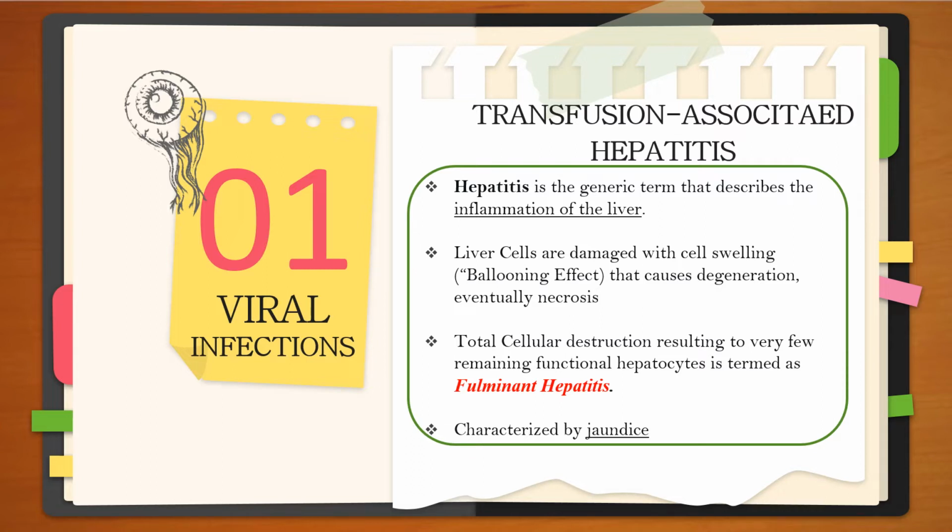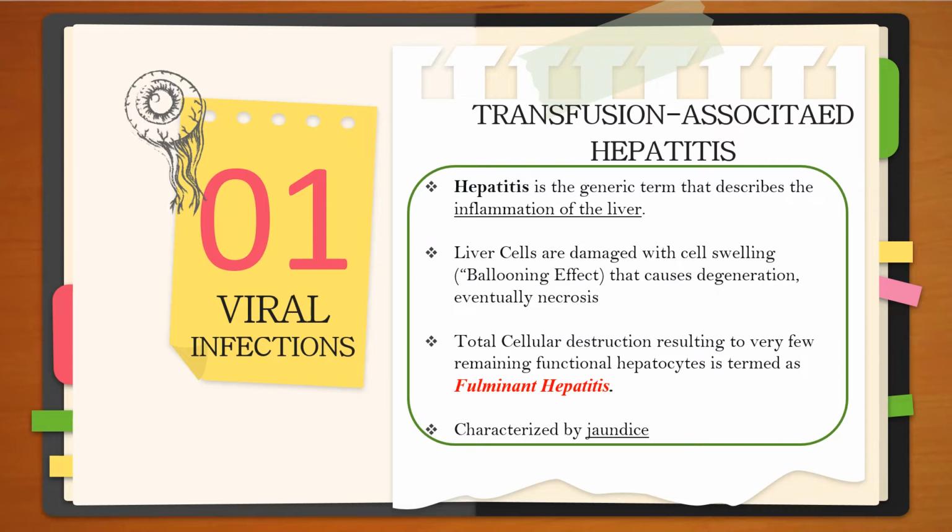Hepatitis is the generic term or the general term for the inflammation of the liver. The liver cells or your hepatocytes are damaged with cell swelling, or what we call the ballooning effect, that results to cellular degeneration and eventually necrosis as either eosinophilic bodies or acidophile bodies or cytoplasmic fragments of ruptured hepatocytes, which actually makes it more fundamentally associated with, secondary to an immune reaction.